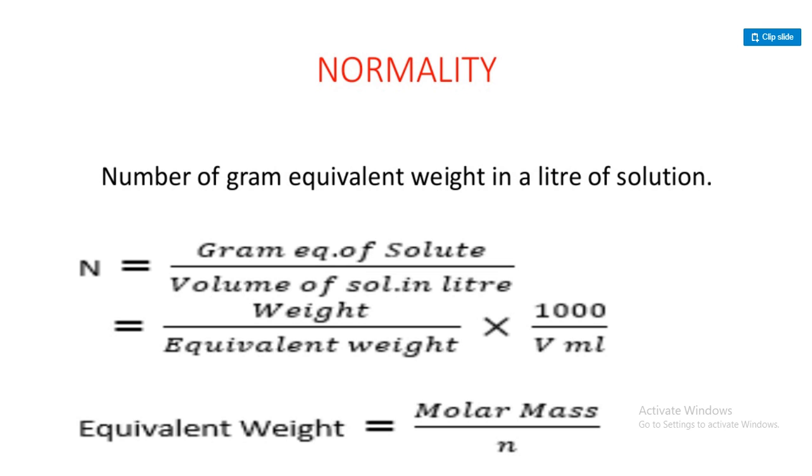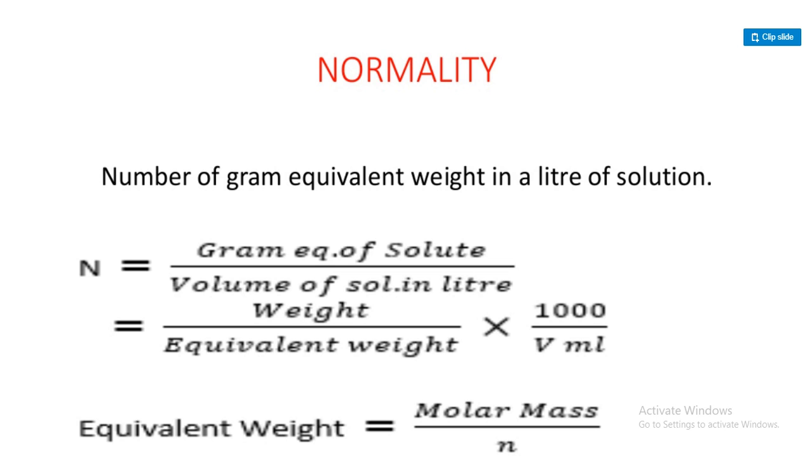So how can we measure the gram equivalent of solute? For the gram equivalent of solute, we need the weight divided by the equivalent weight. Equivalent weight means the molar mass divided by N. Suppose we want to calculate the equivalent weight of sodium.